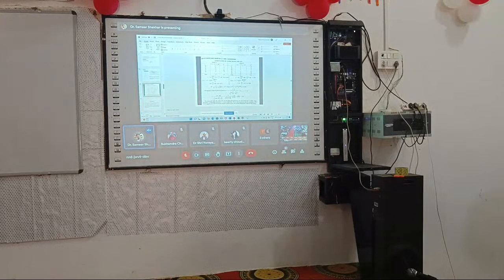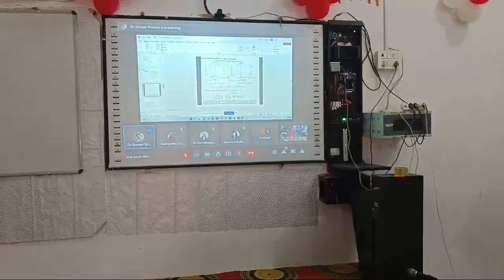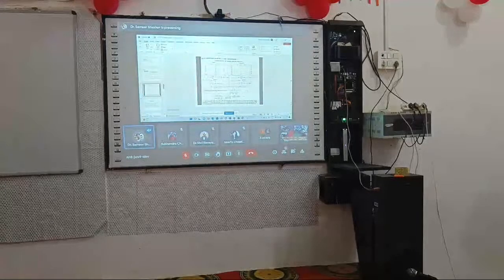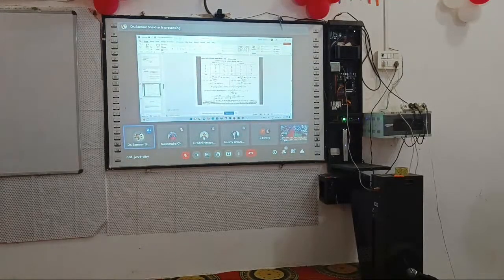The calculated t-test value is minus 1.92, and we have to compare this value with the tabulated value. The tabulated value is 2.262.